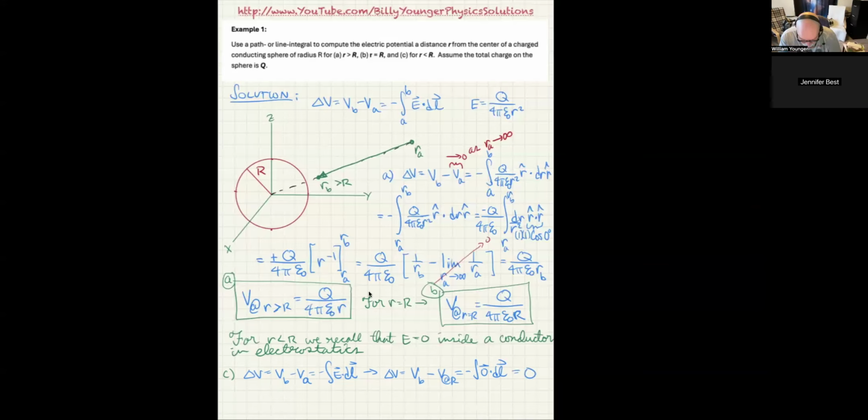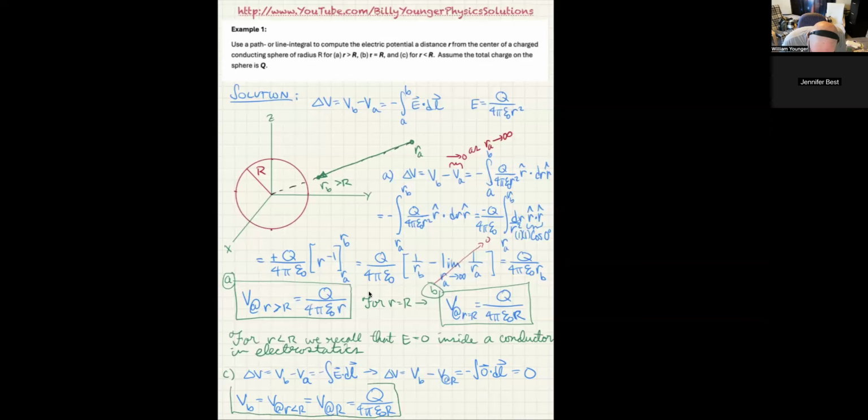What that means is that delta V is equal to VB minus VR, so we can find the new voltage VB, which equals the voltage at R less than big R. That's just equal to the voltage at R, which equals Q over 4 pi epsilon naught R. And that's actually the correct answer for part C.